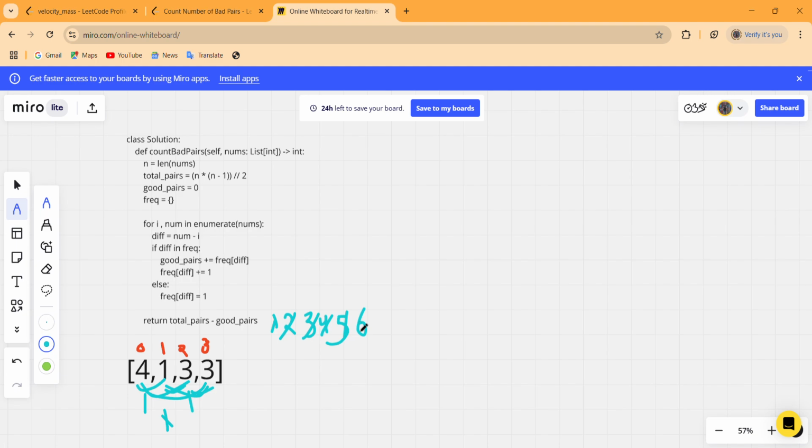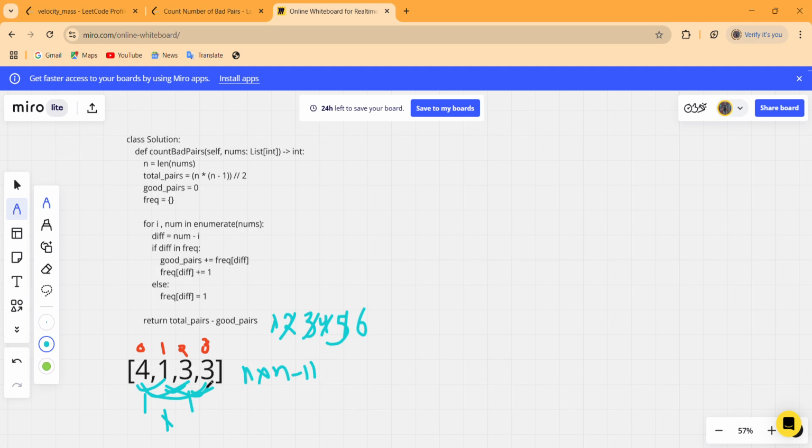So we find that for every input array of size n, the possible pairs are n into n minus 1 by 2, as shown above. We can check for this.